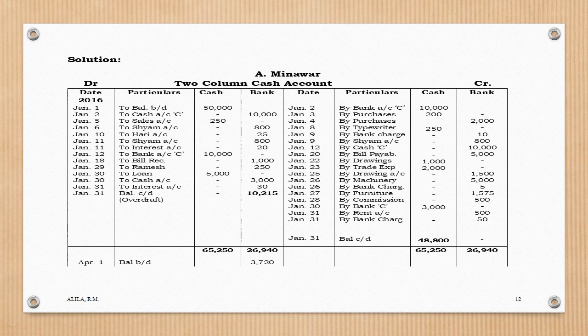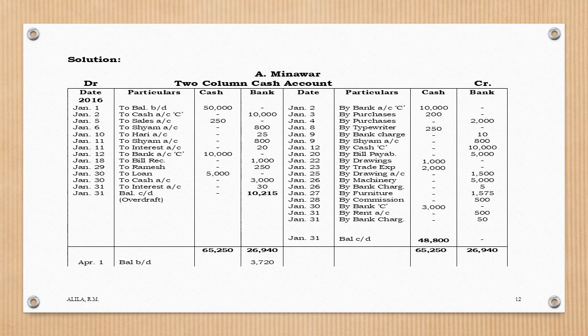If you do that, you find that the cash column on the debit side is greater, and the credit side falls short, so the difference becomes 48,800. But on the bank column, the credit side is greater, by 26,940.